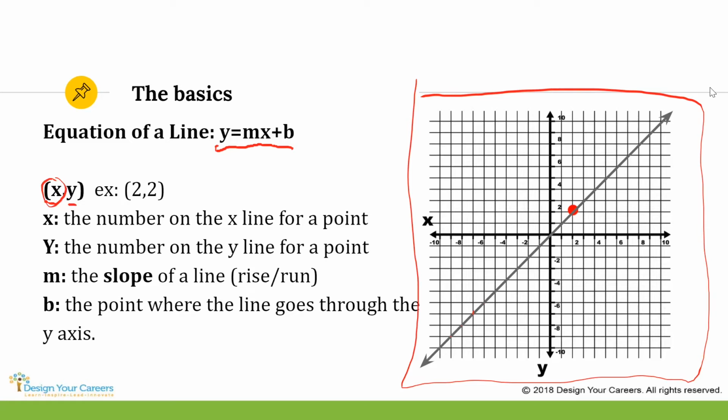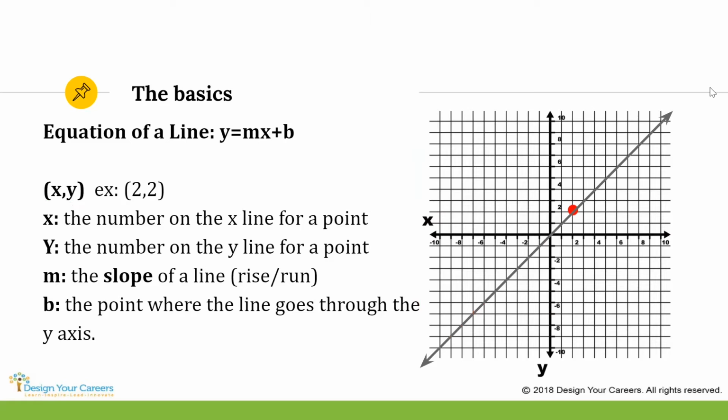This x value determines the number that is on the x line, which is this horizontal line right over here. The y value is any number that is on the y line, or the y-axis. This is known as the x-axis, and this is known as the y-axis.